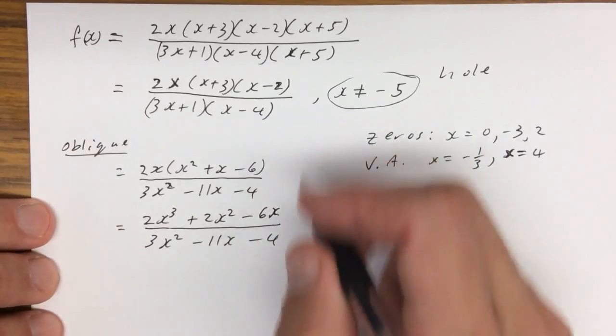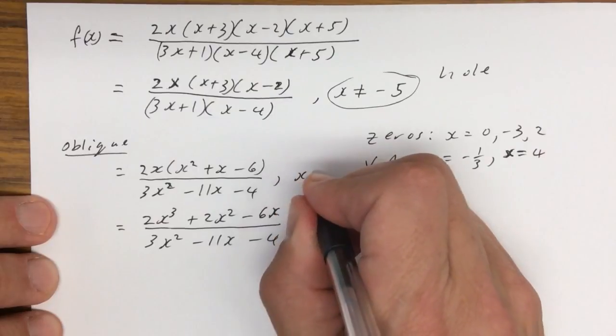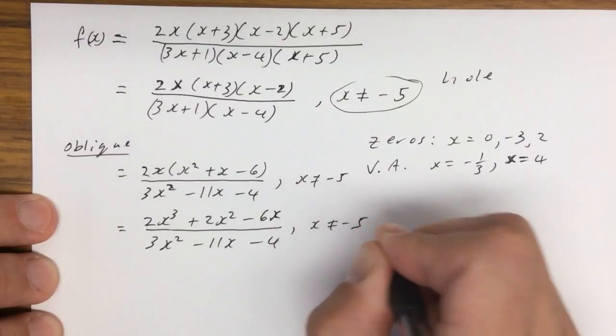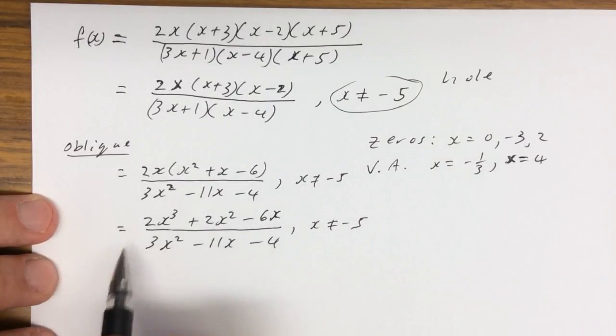So that's what this function looks like. Don't forget the x cannot equal negative 5 part. Otherwise we can't put an equal sign here, it's not the same.